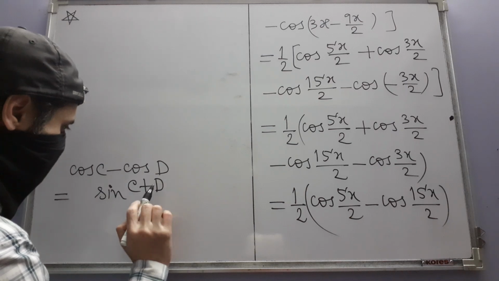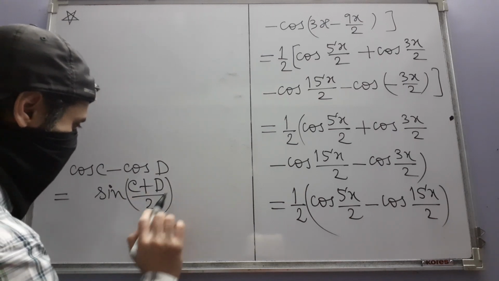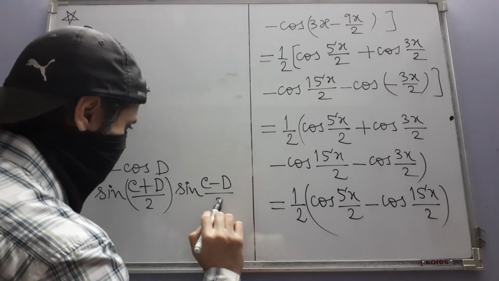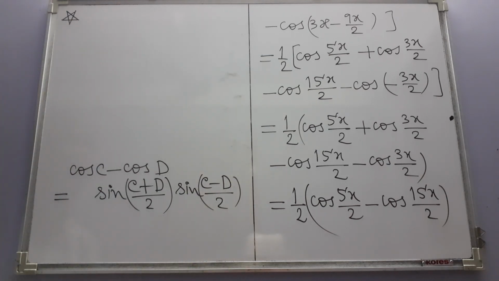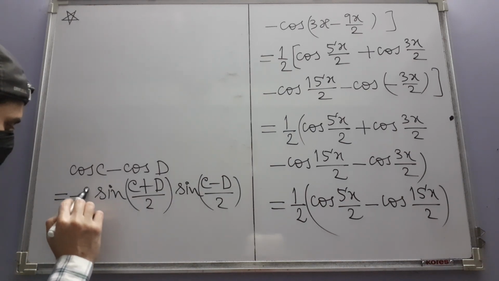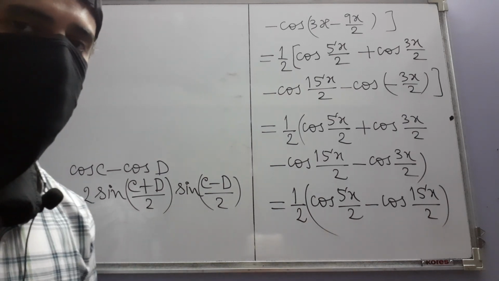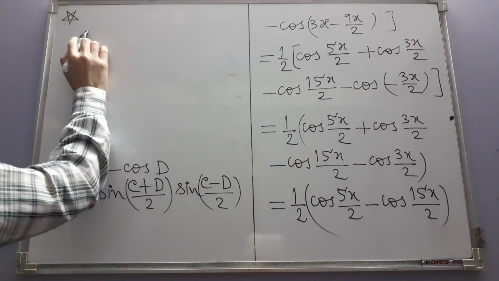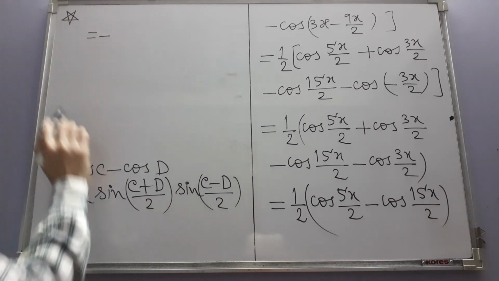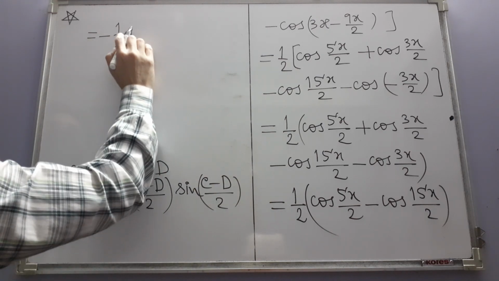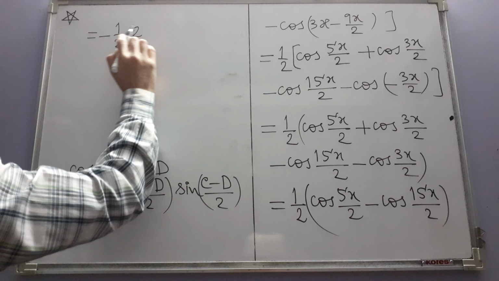Obviously, they are sin C plus D over 2 and sin C minus D over 2. But if you remember, there was a 2 of course present in all the four formulas, but there is a minus sign also. That's what we have to use here. So that means minus, already there is a 1 divided by 2, and then another 2 will come.